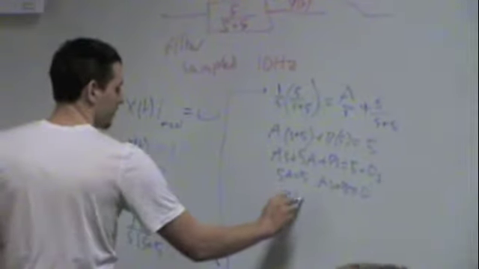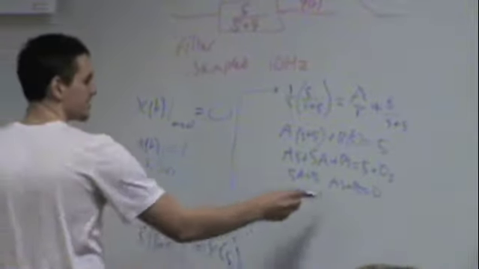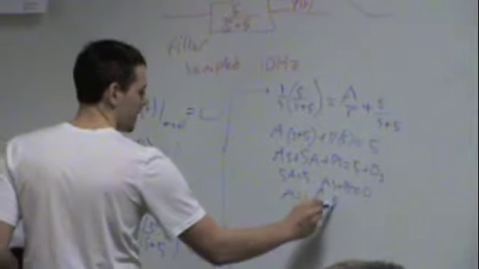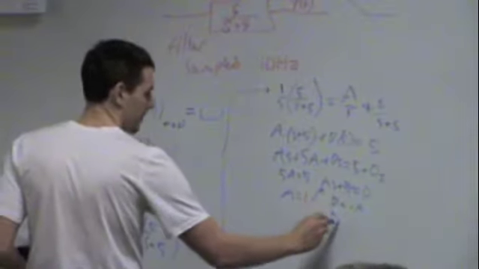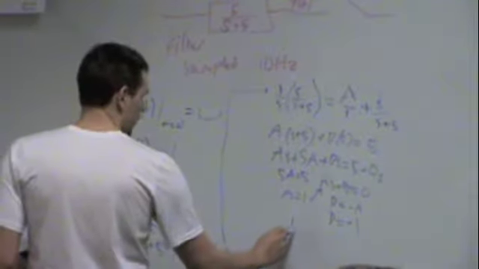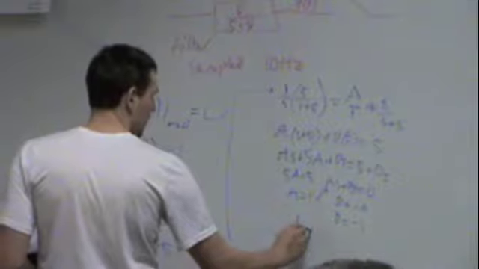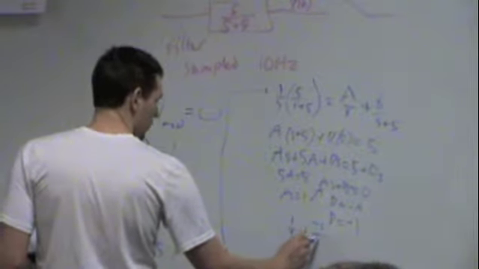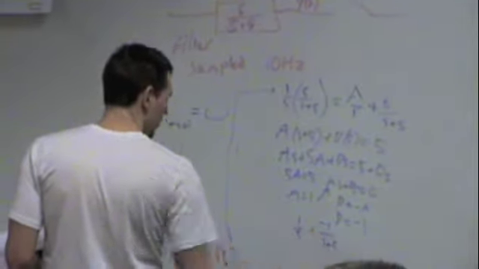A equals 1, you divide by 5 on both sides. Then you plug it in here and you get B equals negative A. The s's cancel. So you get B equals negative 1. So then you have 1 over s plus negative 1 over s plus 5, right?